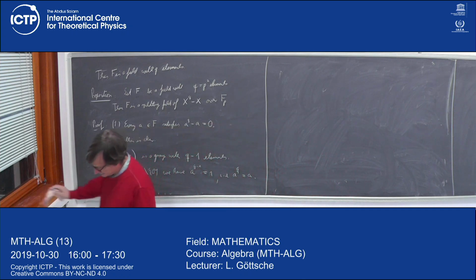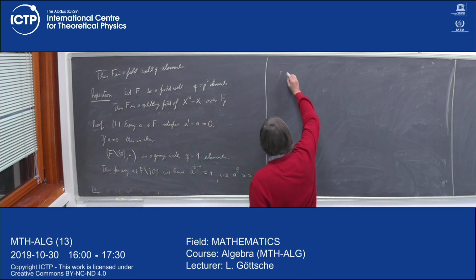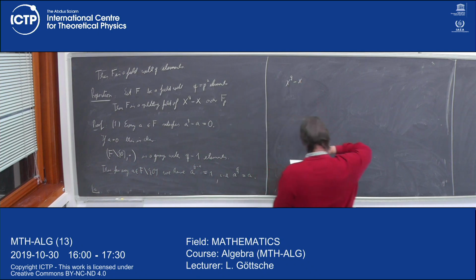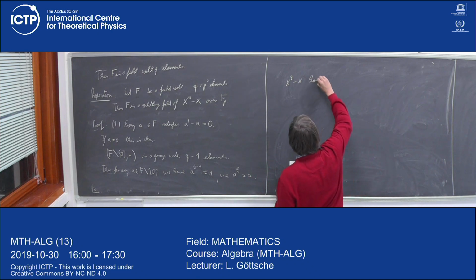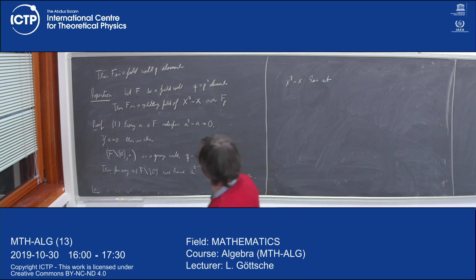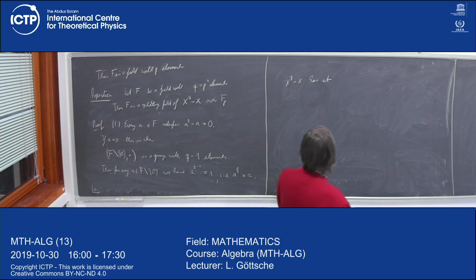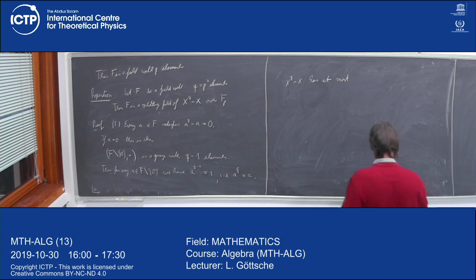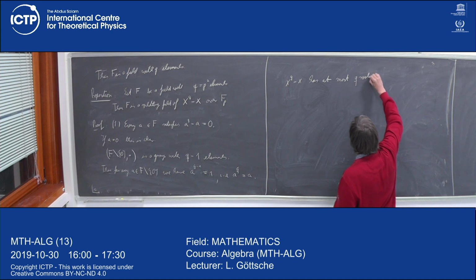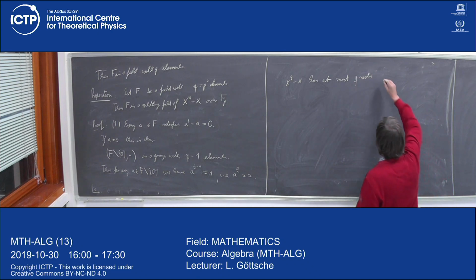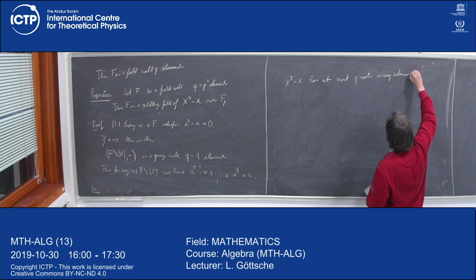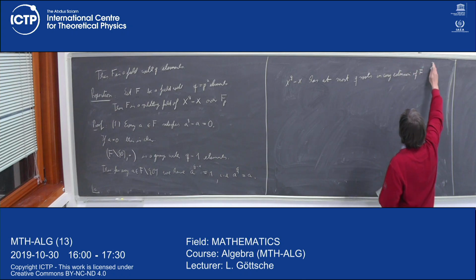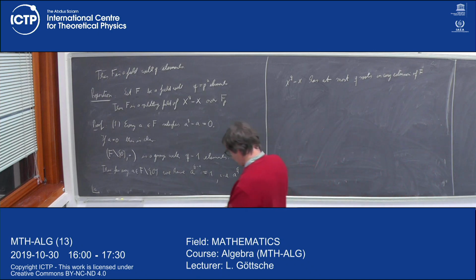So let's say it again. X to the q minus x has at most q roots, say in any extension of F, for instance in the splitting field, because it has degree q.